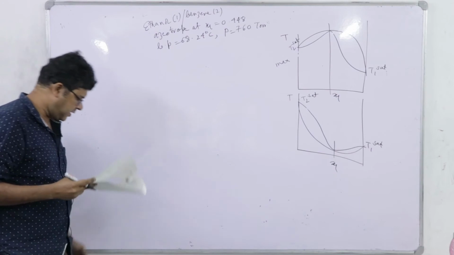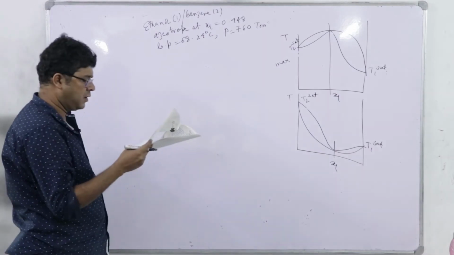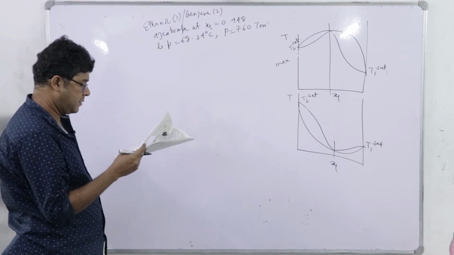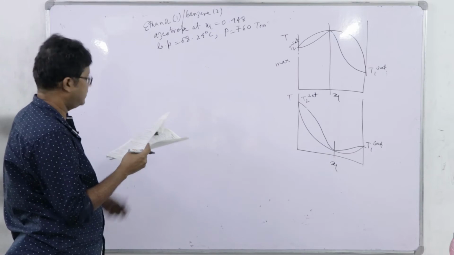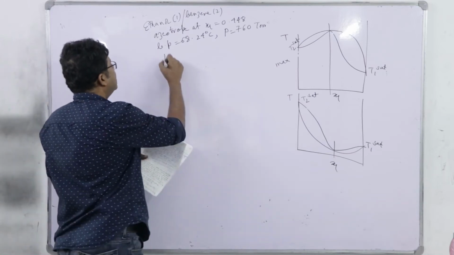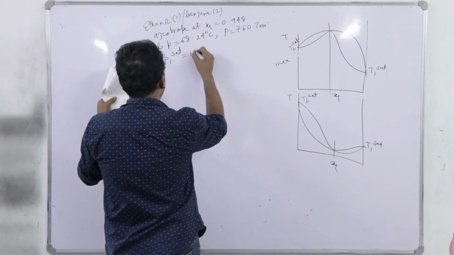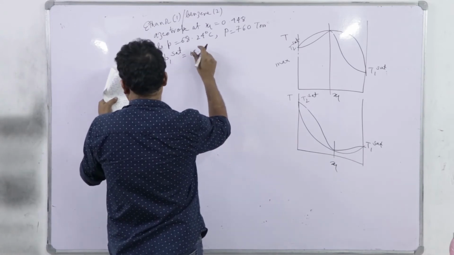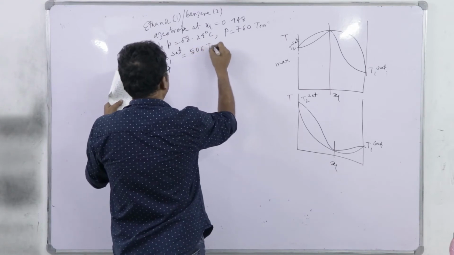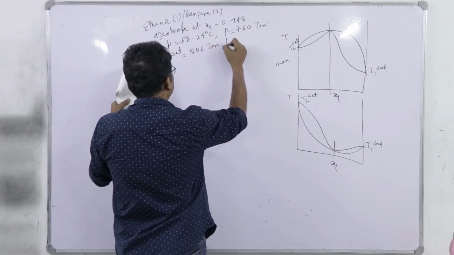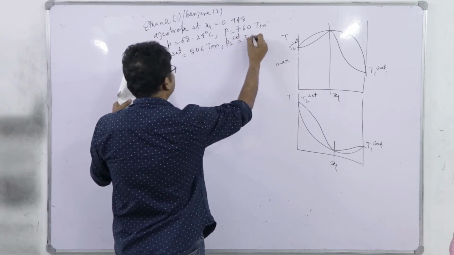The saturation pressure of ethanol and benzene at the same temperature, 68.24. So P1 sat equal to 506 torr. Torr is millimeter of Hg, and P2 sat is equal to 517 torr.